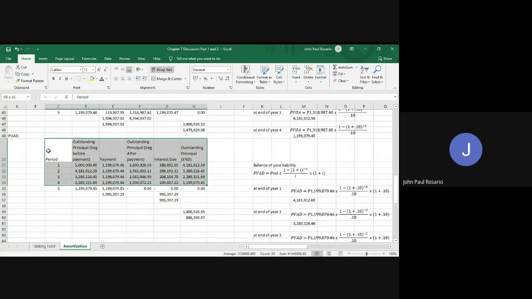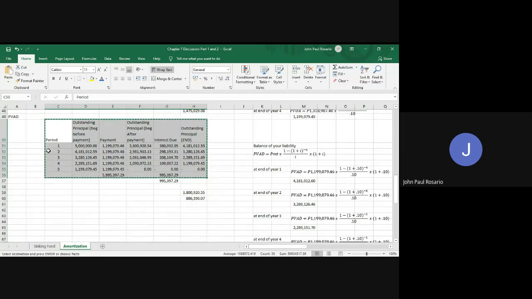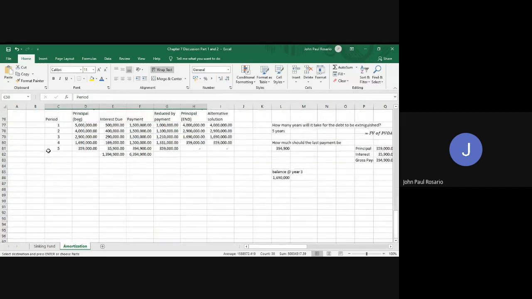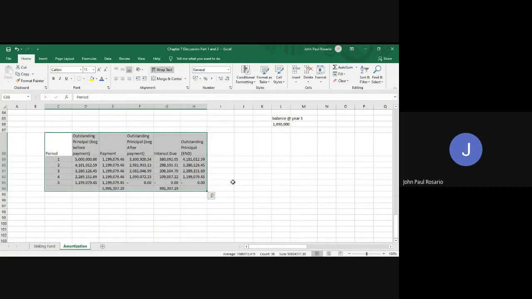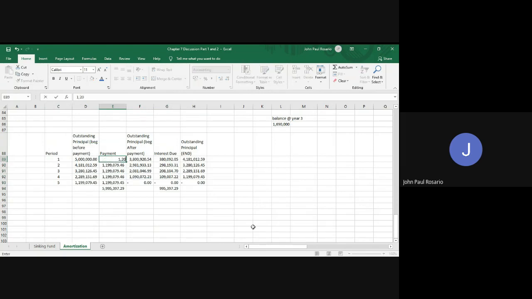Let's see if we can still make use of the formula I was able to create or discover. So this is for unwetted Jew and the payment is instead of 1199 is 1200. Or to be fair, 1300 na lang. So how many payments will it need?